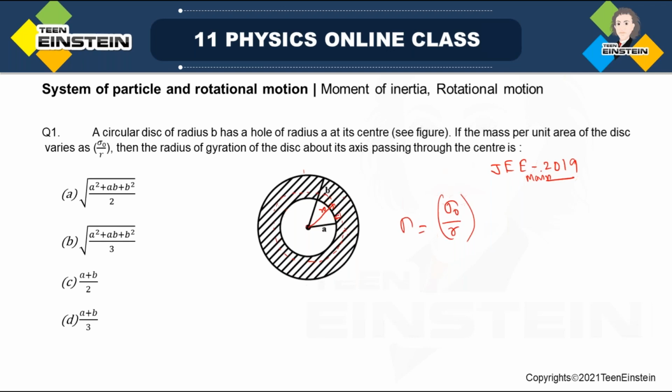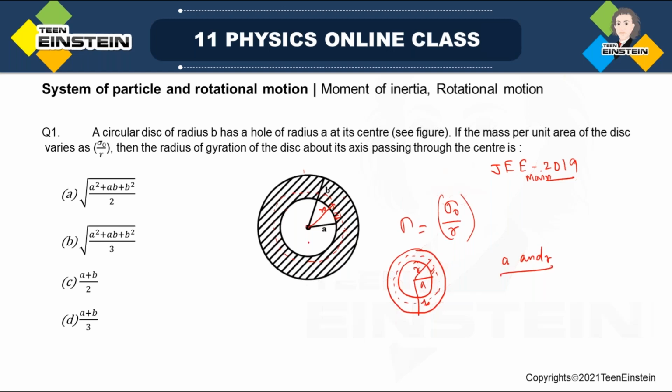Suppose this is the annular region. This is having radius a, this has radius b. I'm considering an elementary disk of radius r from the center. So we have mass between the radius a and r for this elemental disk.